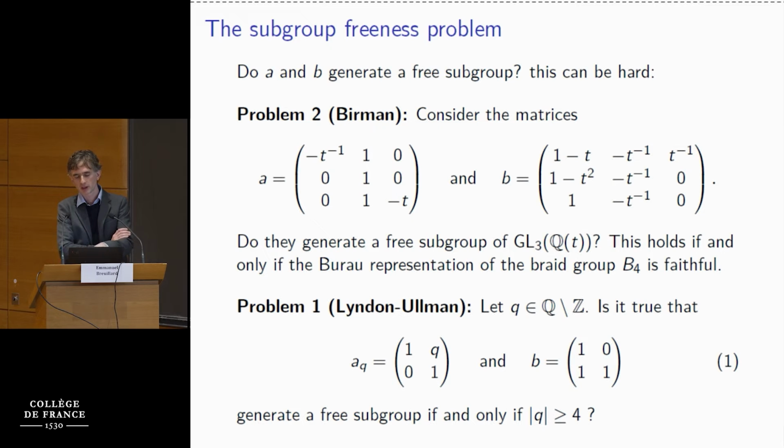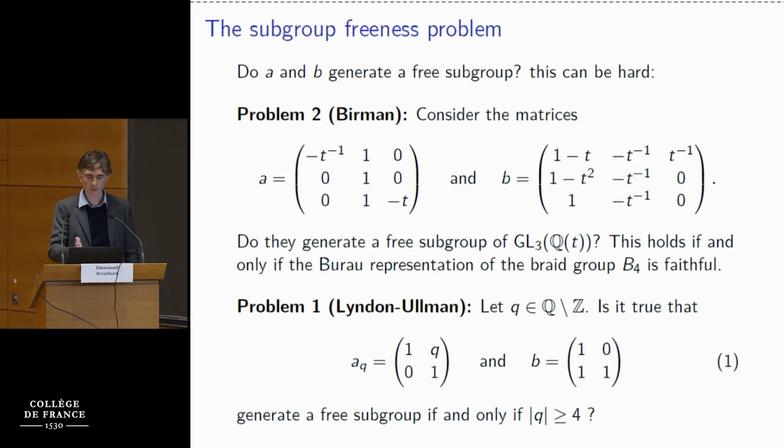And so John Bierman showed that if you look at the braid group with 4 braids, B4, and the famous Breuillard representation of the braid group, it's still not known whether the Breuillard representation of B4 is faithful. It's known now that braid groups are linear, but this particular representation is still unknown whether it's faithful or not.